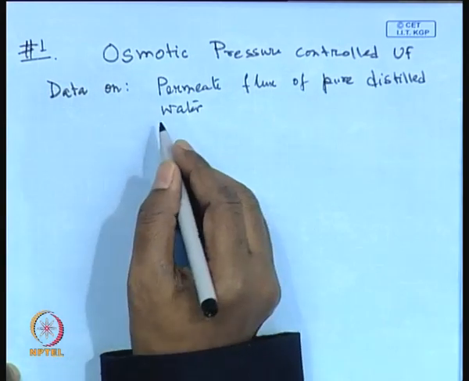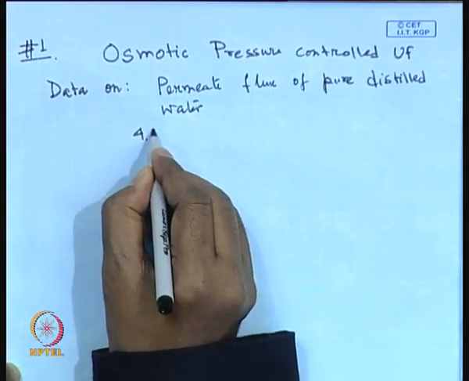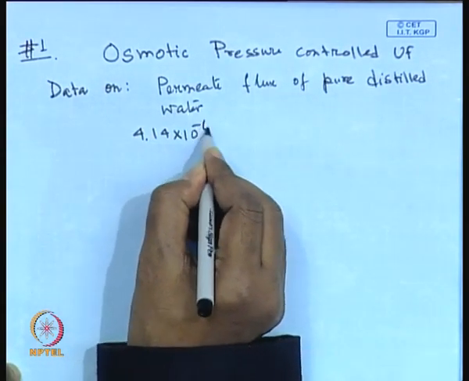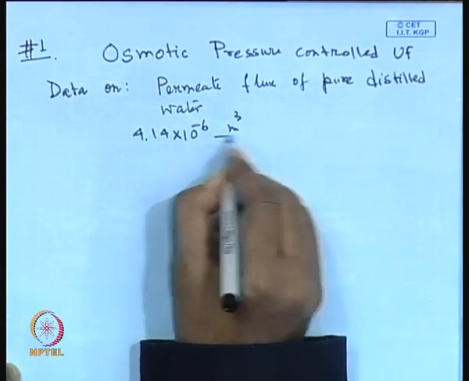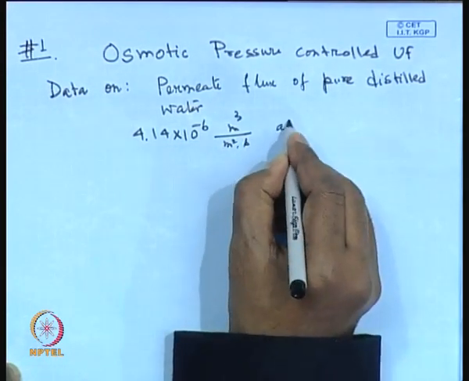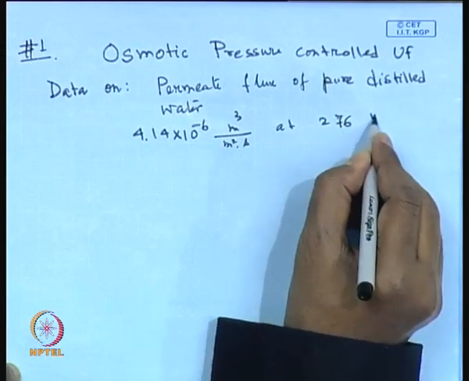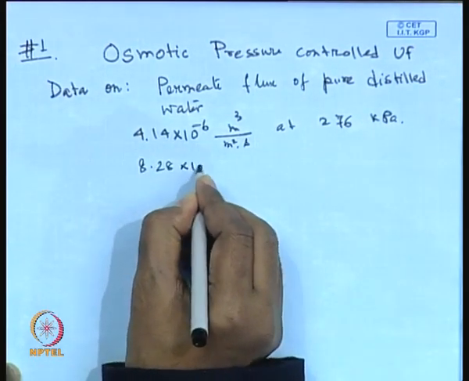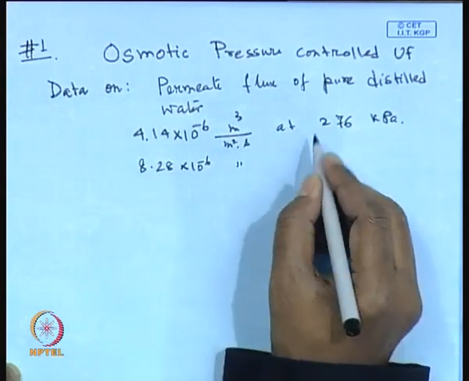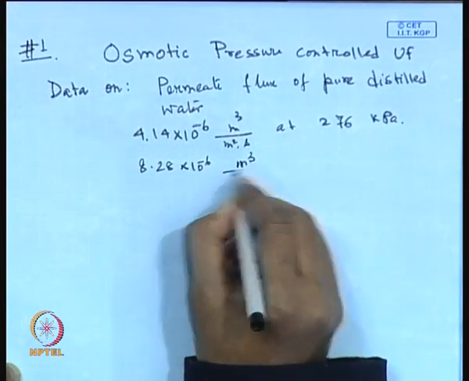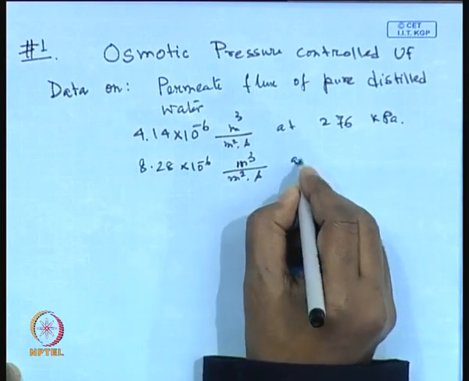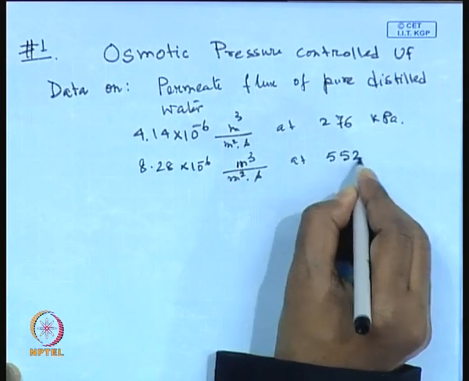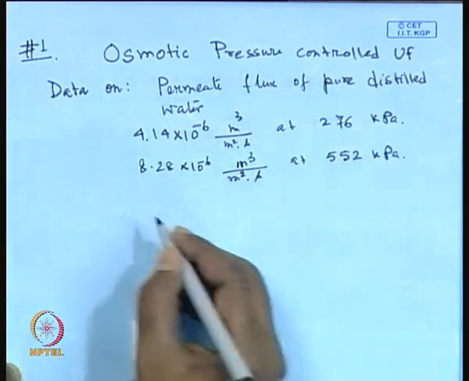For example, you have a flux of 4.14 into 10 to the minus 6 meter cube per meter square second at 276 kilopascal, and 8.28 into 10 to the minus 6 meter cube per meter square second at 552 kilopascal. These data are given.